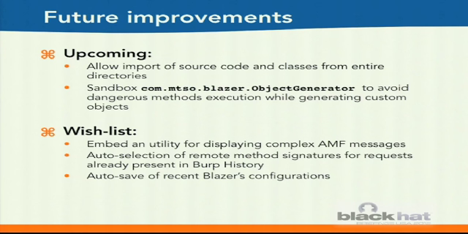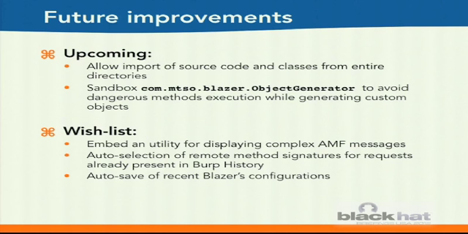We may have side effects such as files generated on the file system. To prevent these things, people can already use the normal Java security manager, but I would like to implement something that gets out-of-the-box sandboxing for the object generator class.